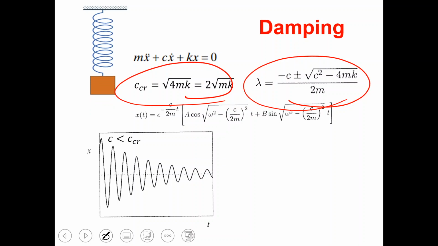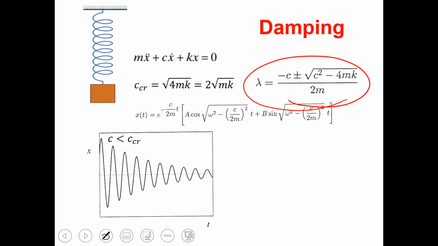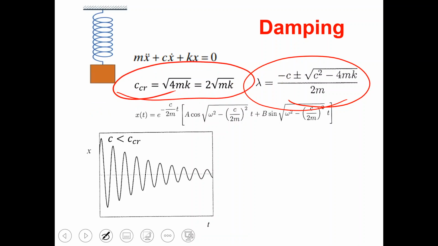So if your C is smaller than C critical, which can be calculated using this, then you will have a dying vibration, damped vibration. Okay, but why is that?